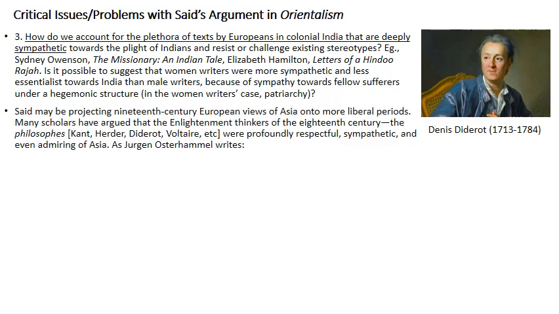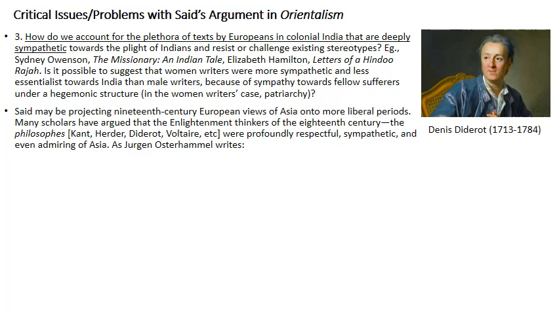Okay. So the problem here is that Said may be projecting 19th century European views of Asia onto more liberal periods. Many scholars have argued that the Enlightenment thinkers of the 18th century, the philosophes Kant, Herder, Diderot, Voltaire, etc., were profoundly respectful, sympathetic, and even admiring of Asia.